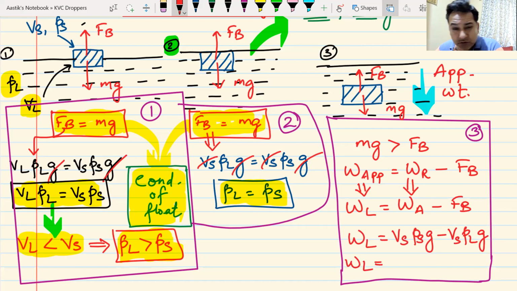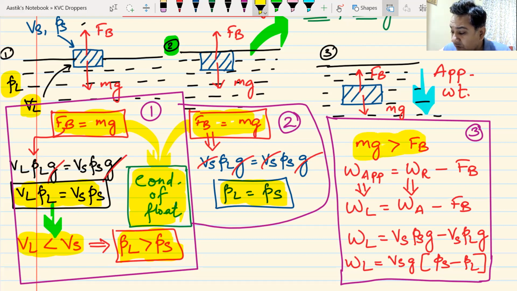So this apparent weight, or weight inside the liquid, becomes Vs g times (rho s minus rho l), and this is how things happen in case number 3, the case when the body cannot float.